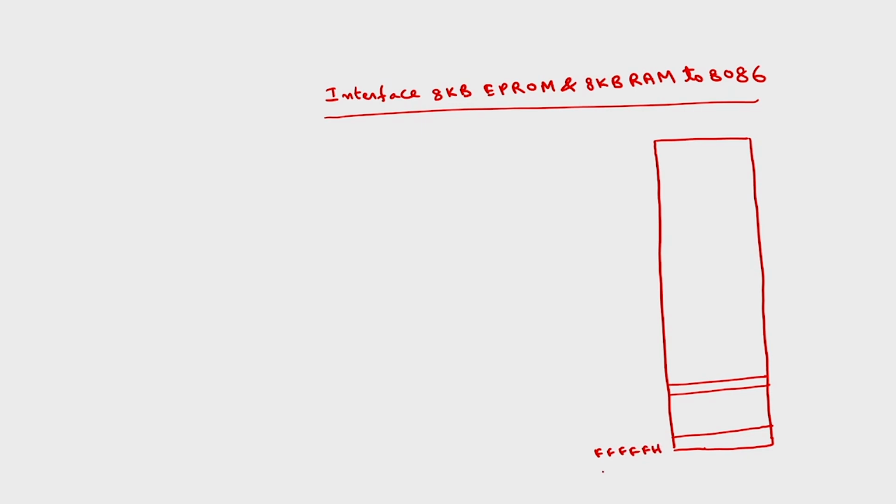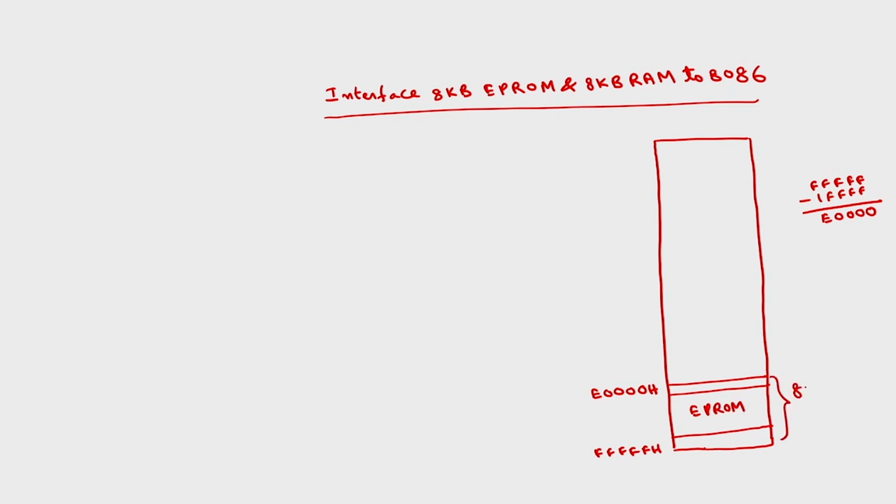For 8K we have to subtract 1FFF. FFFFF minus 1FFF will be E0000H. So the starting address is E0000H. Here I want to interface the EPROM.